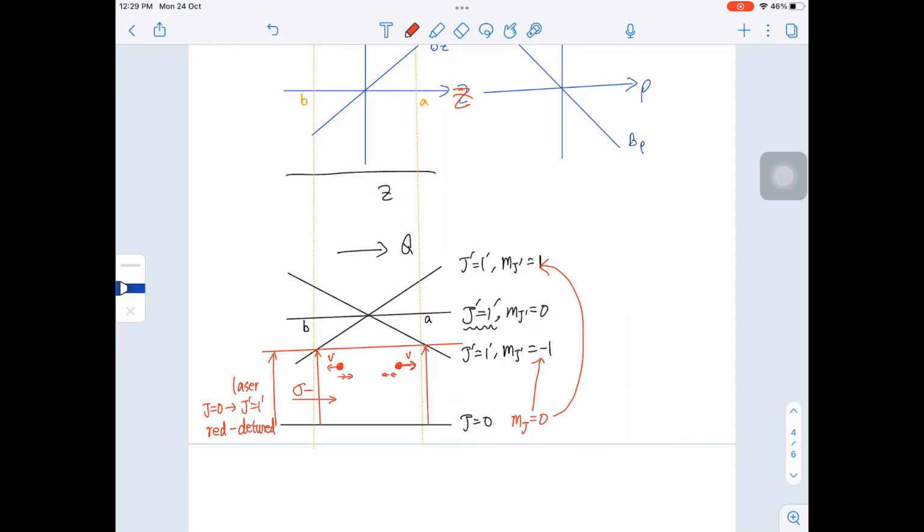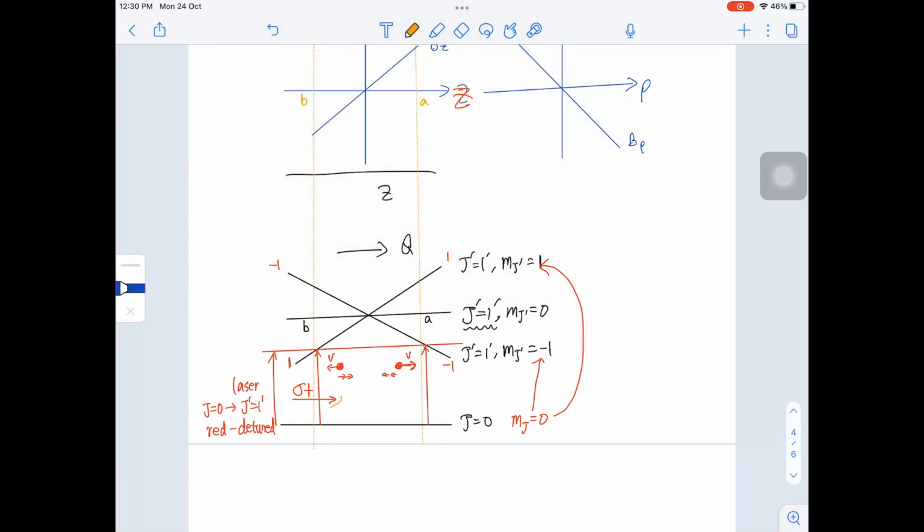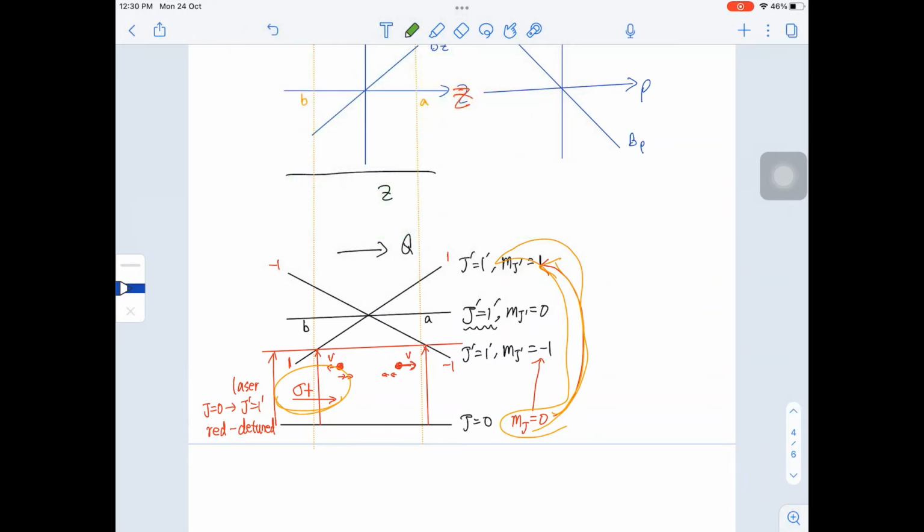Here, this line is 1, minus 1, minus 1, 1, so this one should be plus. For this side, it is this one, and on this side, that is the minus 1.